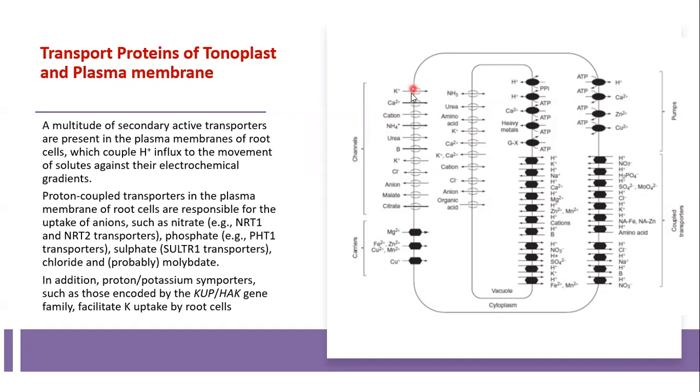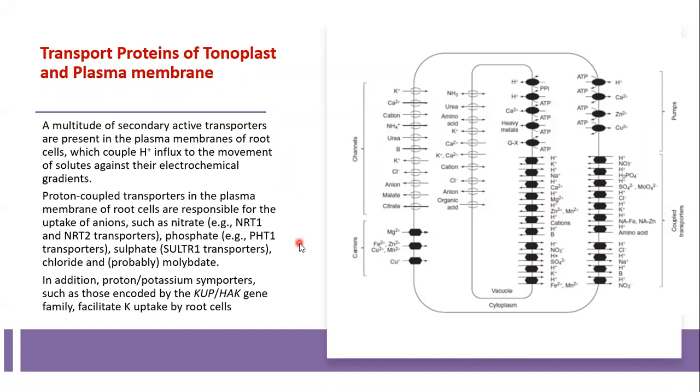They are present at the level of the plasma membrane, and also at the level of the tonoplast. You can imagine how complicated it is. A multitude of secondary active transporters are present in the plasma membranes of root cells, which couple H+ influx to the movement of solutes against their electrochemical gradient.